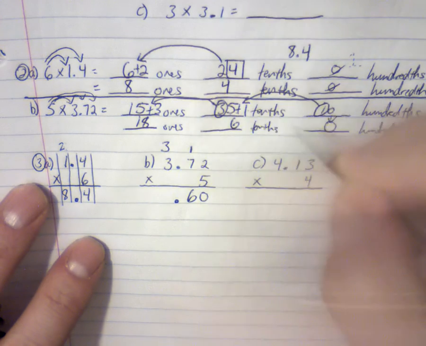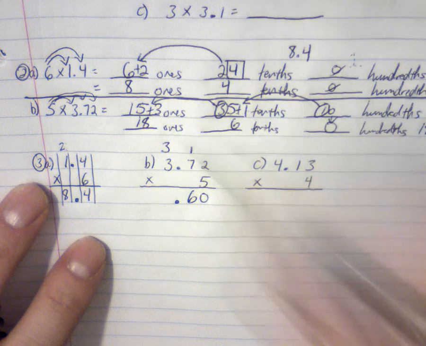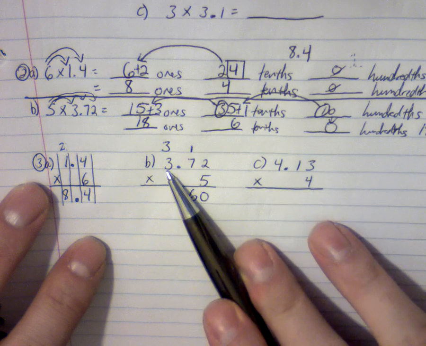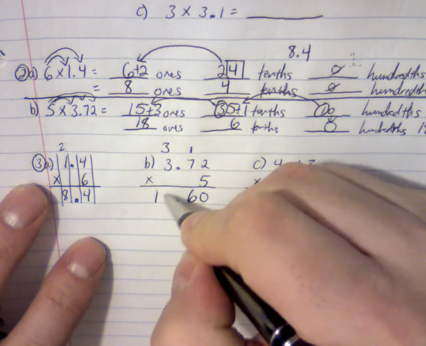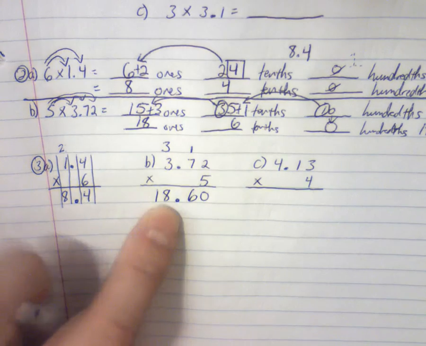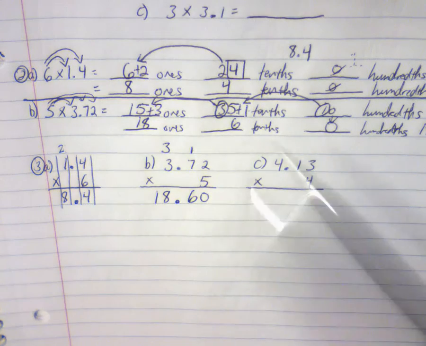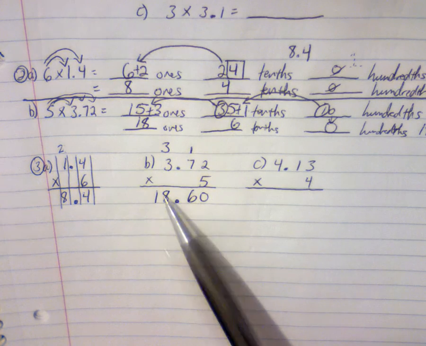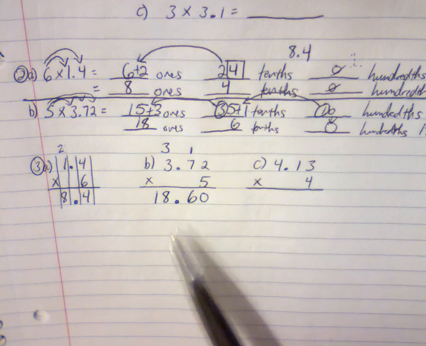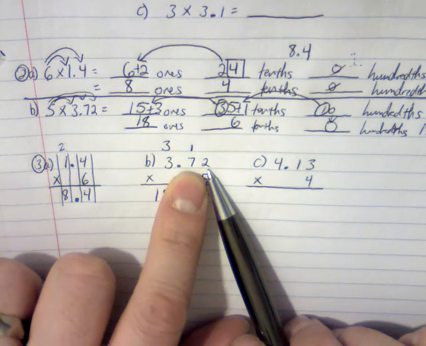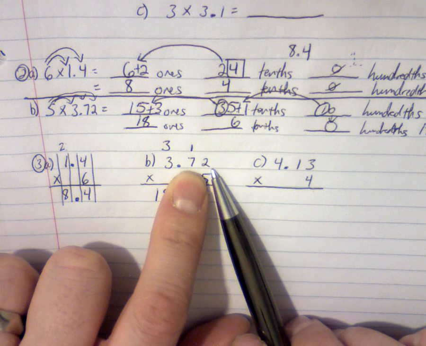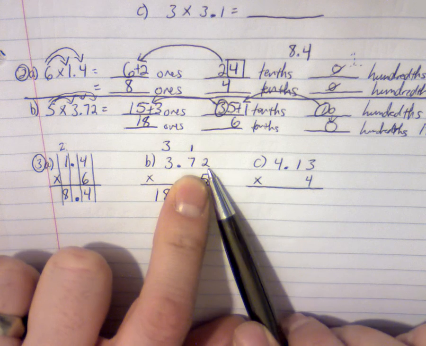I carry my 3. Carried the 3, is 15, 16, 17, 18. 18.60. Now I can have as many numbers to the left of the decimal as I want. But to the right, I can only have 2 because in my question, there are only 2 past the decimal.